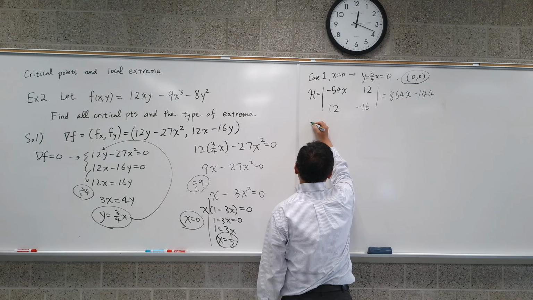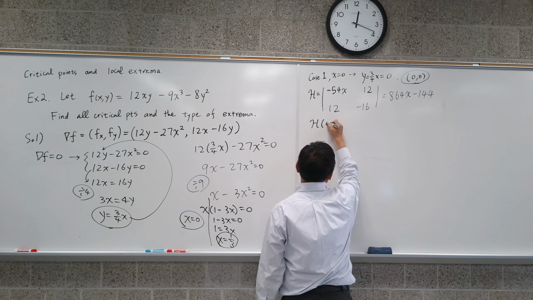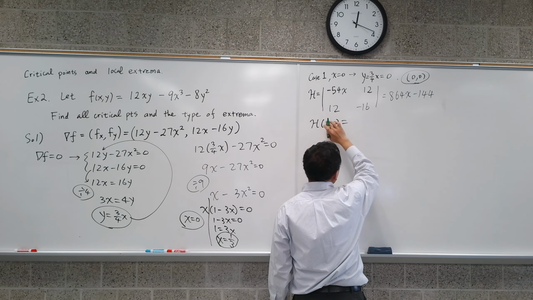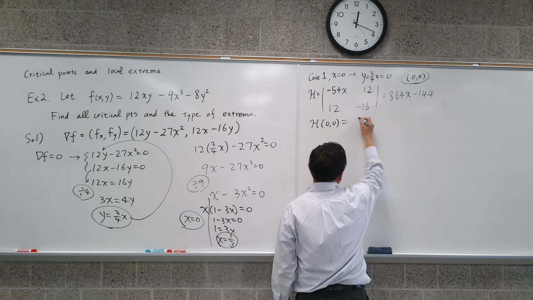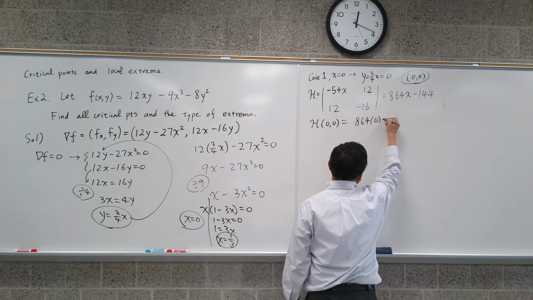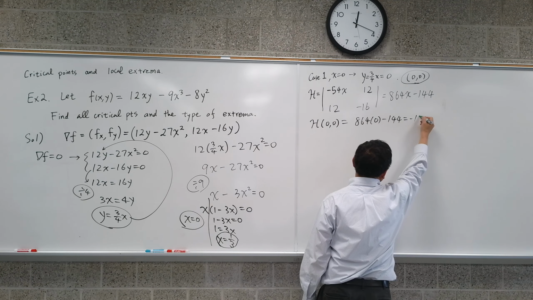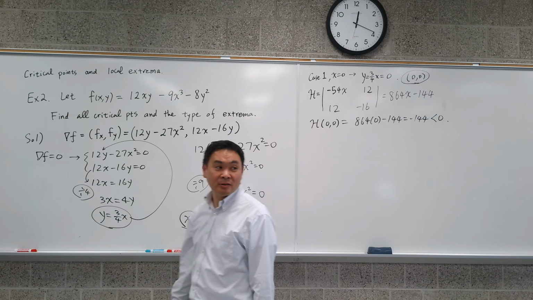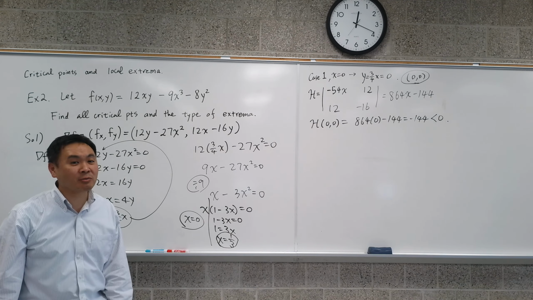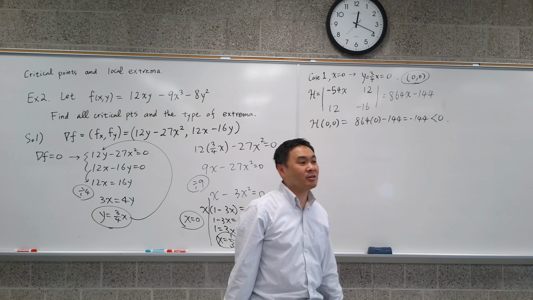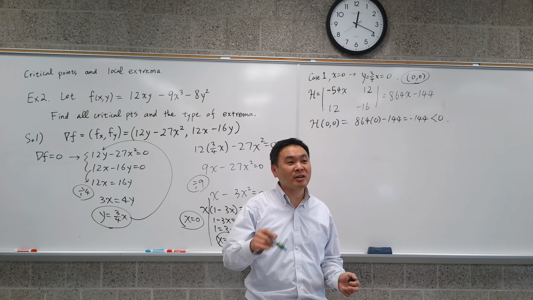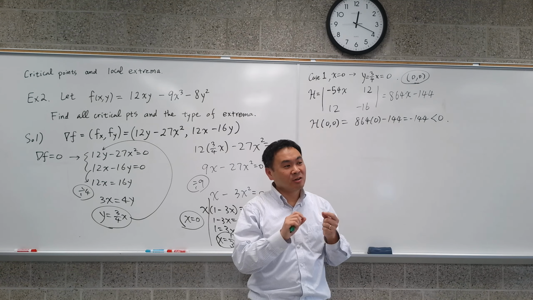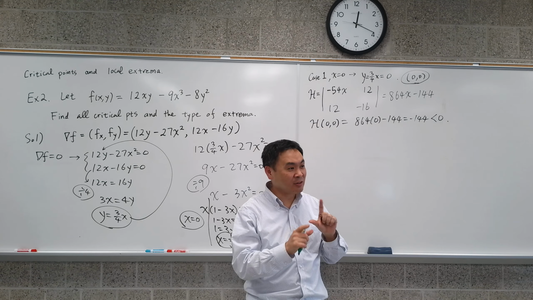Therefore, what we have is that Hessian at 0, 0, which means x and y are both 0, right? So the value of the Hessian at 0, 0 is 864 times 0 minus 144, which is negative 144, which is negative. Okay, what does that mean? If the Hessian is negative, that means it's a saddle, right? If Hessian is negative, that means that Hessian matrix has two eigenvalues of opposite signs, okay?